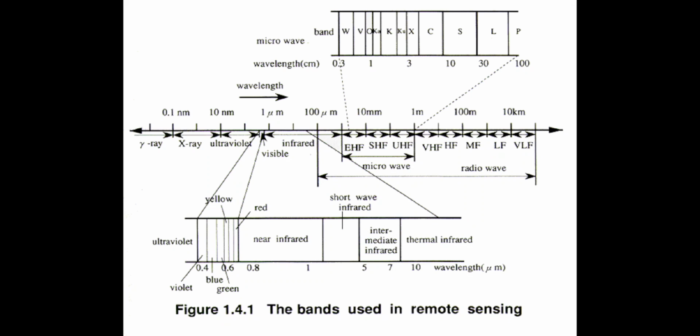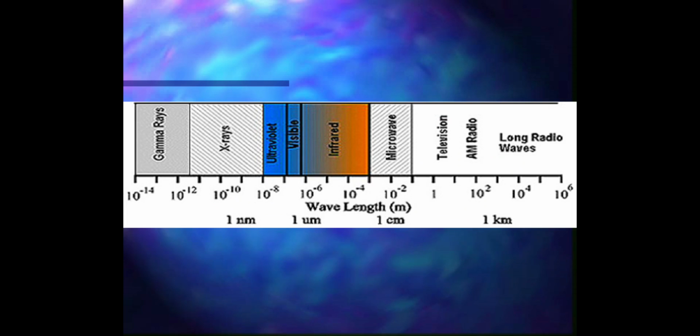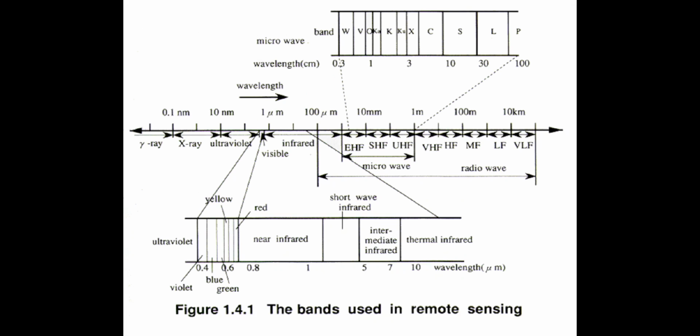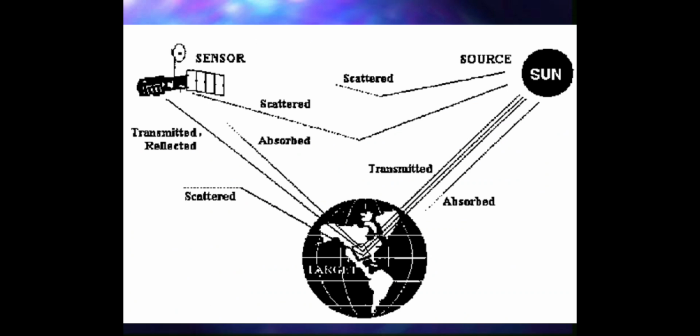Okay, here is the same chart. As we discussed earlier, the sensor is at high altitude above the earth surface, capturing images from the earth surface, while sun rays give energy to the earth surface.